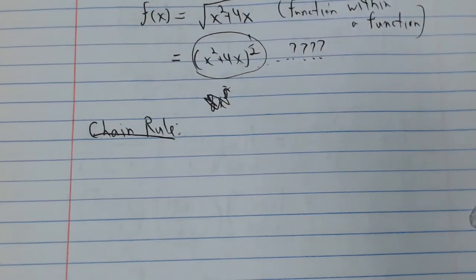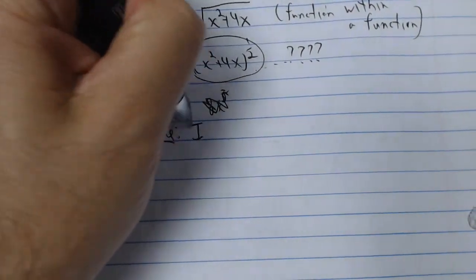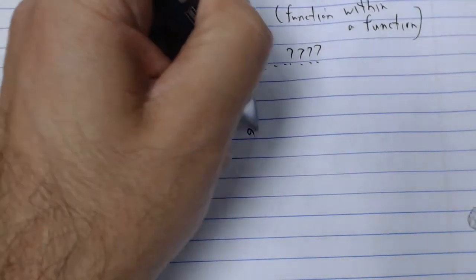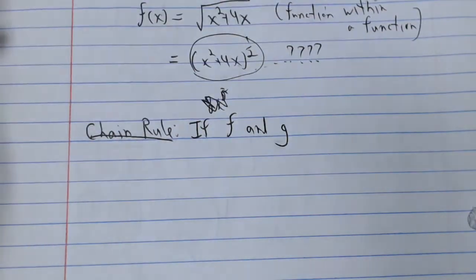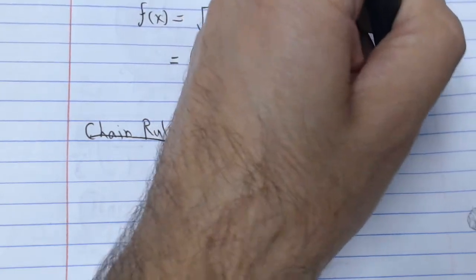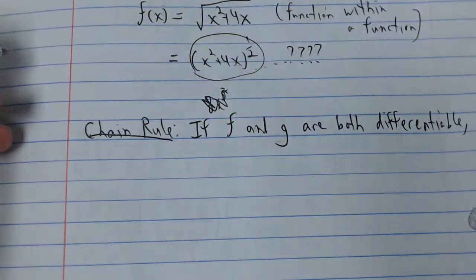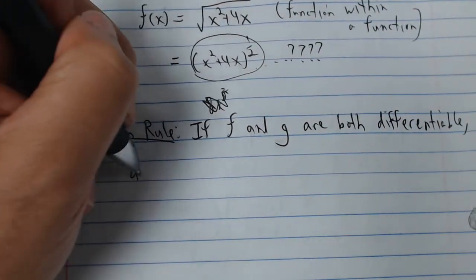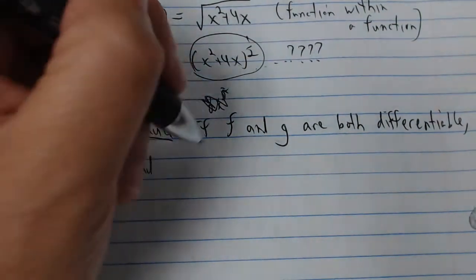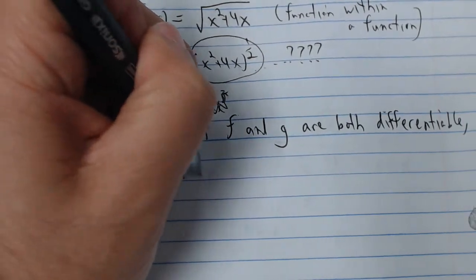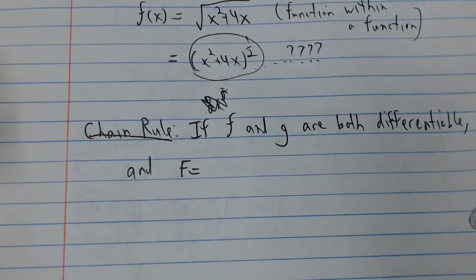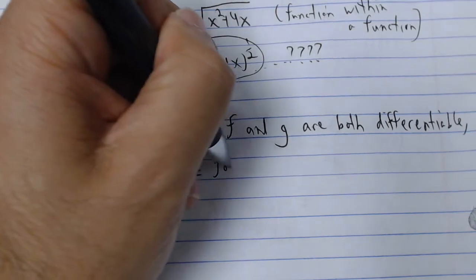So what does the chain rule say? It says if f and g are both differentiable, and let's define capital F as the composite function of f and g.